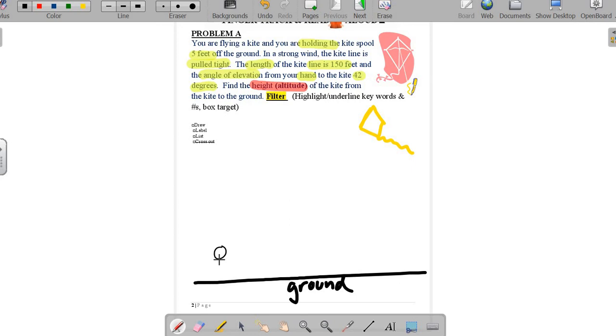And you are standing holding a kite spool, which means a spool with string, and that is 5 feet off the ground. Going up towards the kite, 150 feet, kite string, 5 feet off the ground. Get in the habit of crossing stuff out as you account for it.